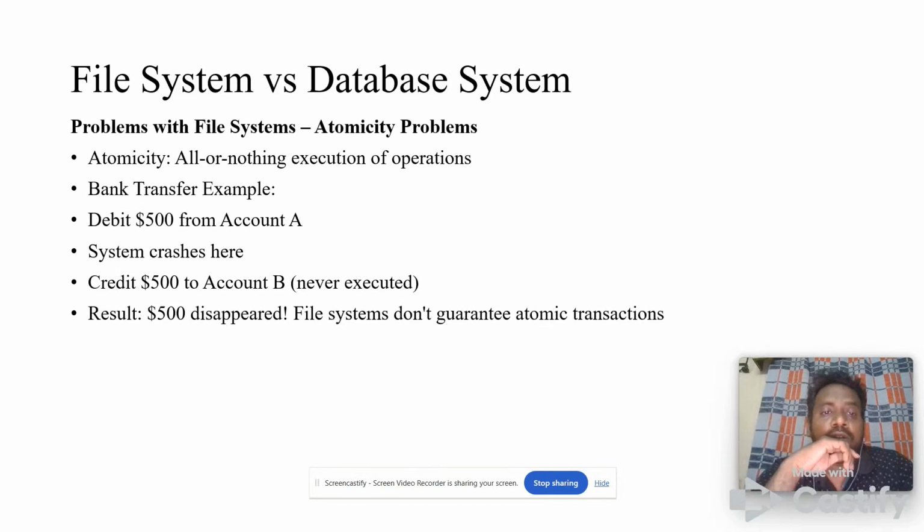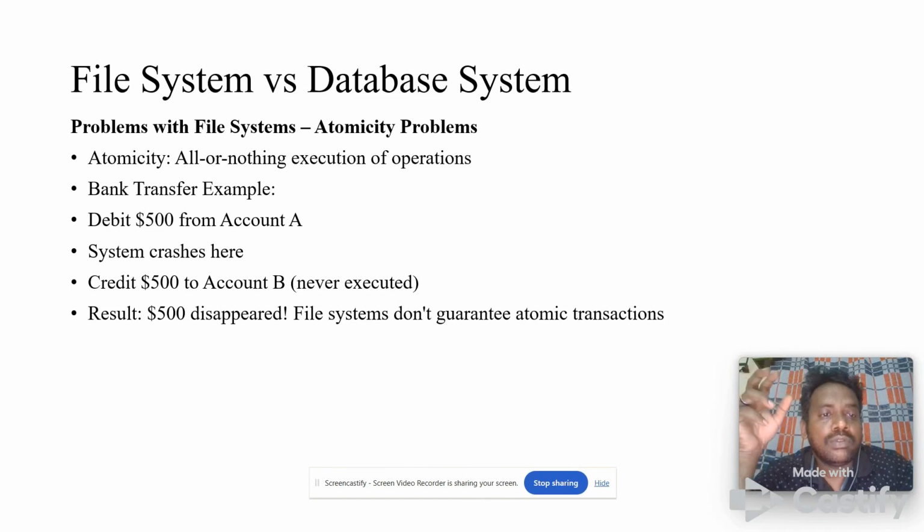The atomicity problem is when operations are not executed and updated properly. For example, withdrawing an amount from a particular account. Say you are withdrawing $5 from account A.